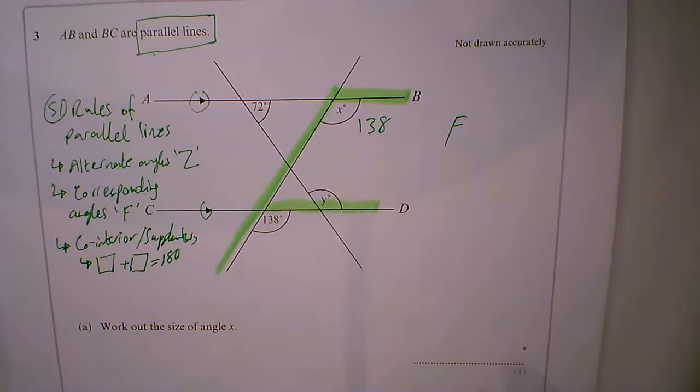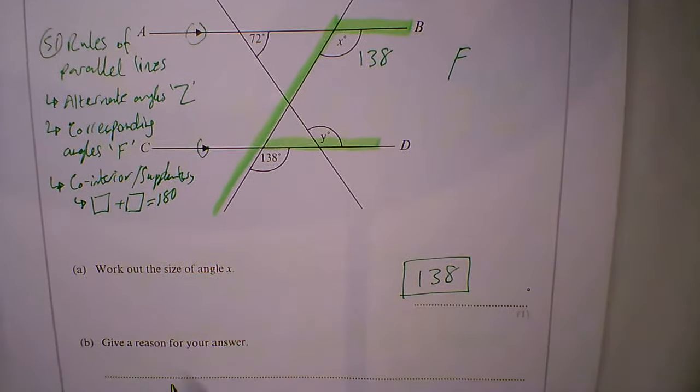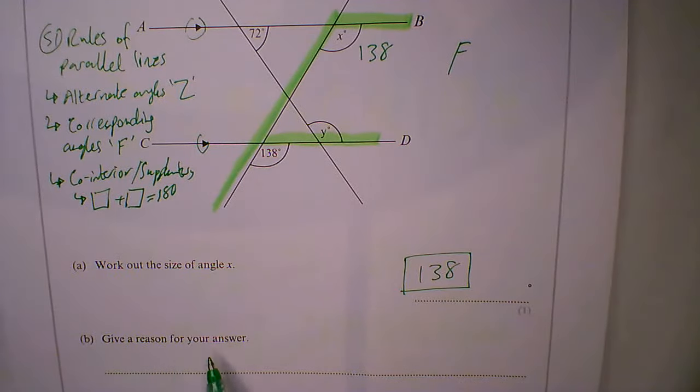Okay, so work out the size of angle X, so that's simply 138. Part B, give a reason for your answer. So our reason is, this is a corresponding angle.